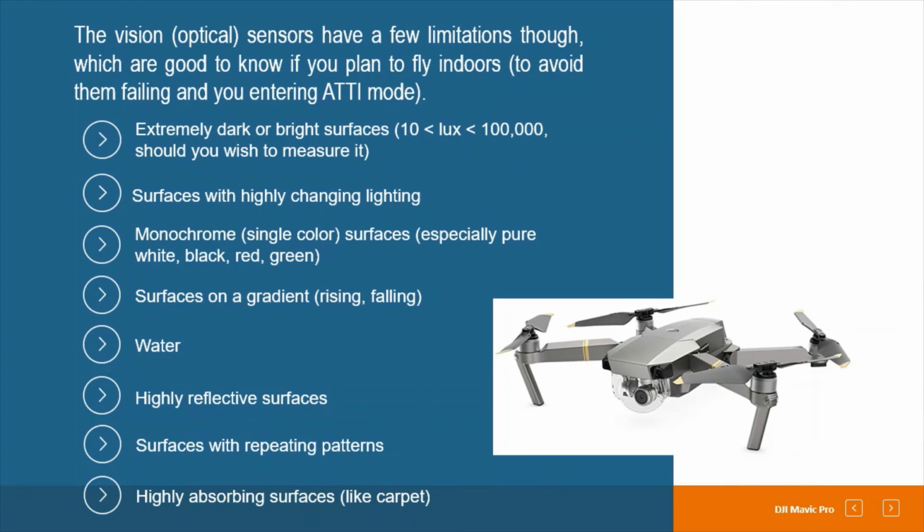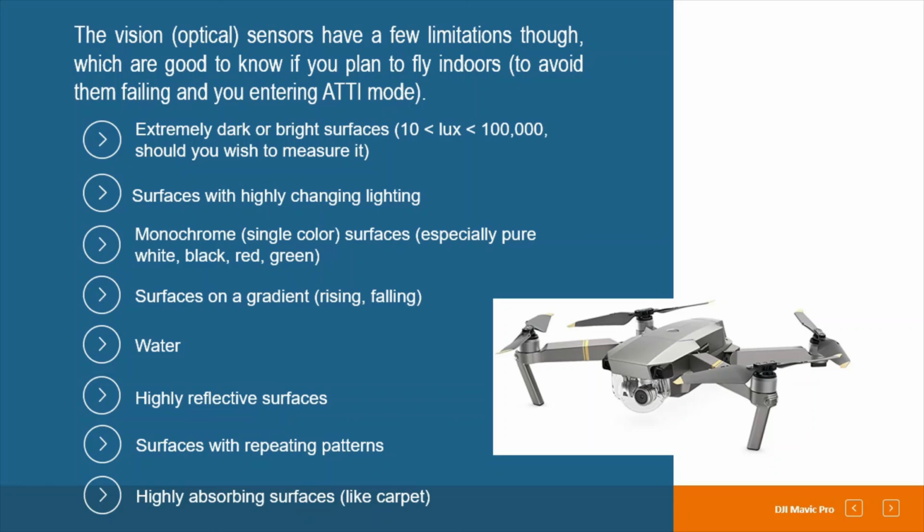The vision sensors actually have a few limitations, so it's good to know what they are. These are the limitations. It cannot detect so well under extremely dark or extremely bright surfaces, or surfaces with highly changing lighting. Monochrome surfaces such as pure black, pure white, pure red, green.